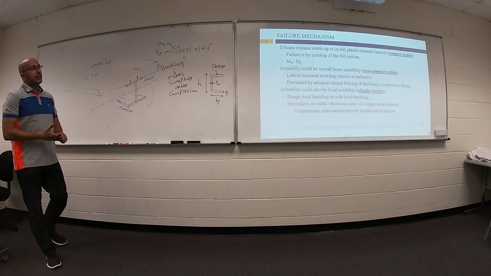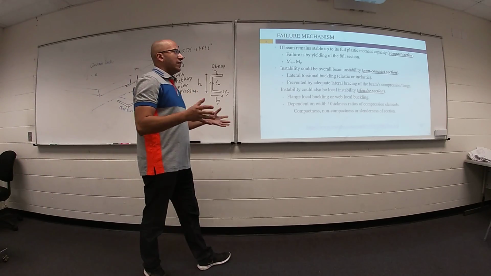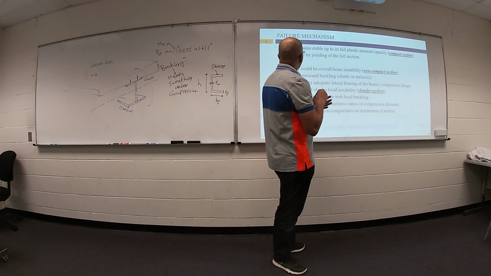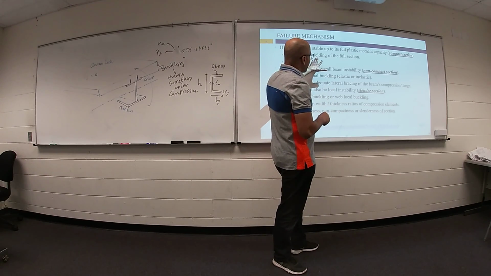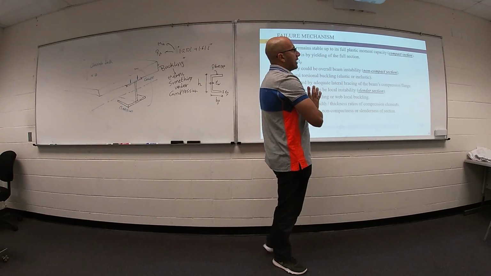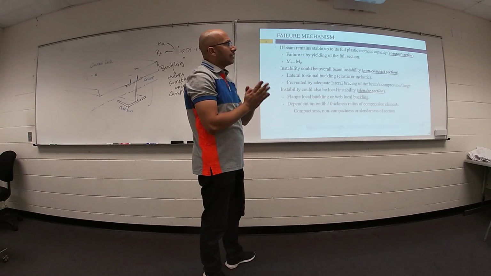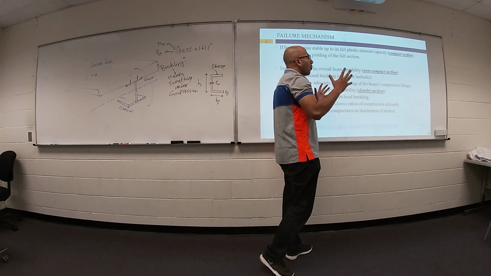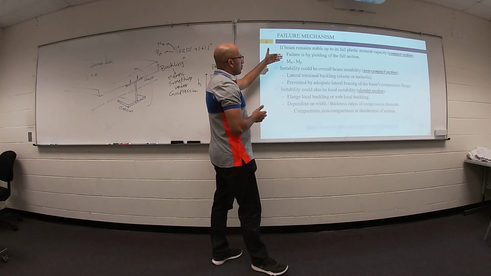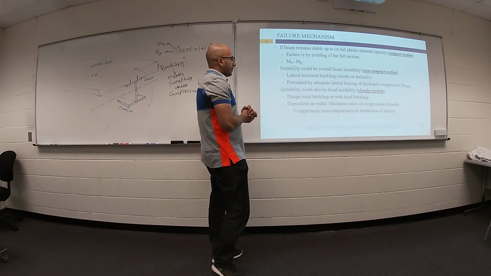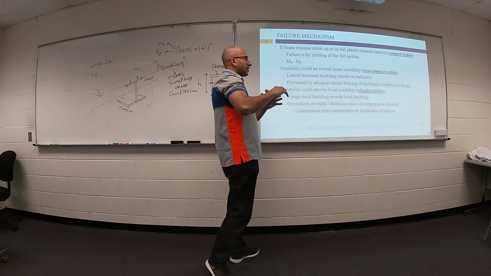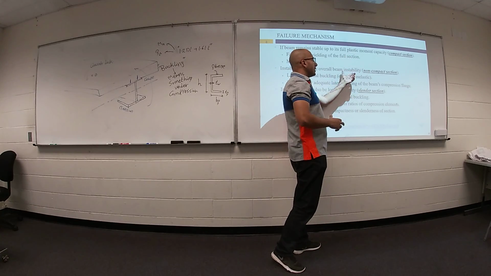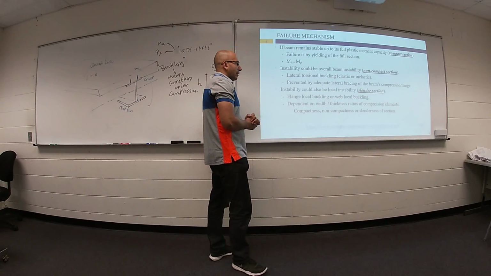So we have three modes of failure. The first one, the cross section will yield over the whole cross section. This is only for compact sections. You get the full capacity of your cross section, nothing wasted, and your nominal moment equals M plastic. Sometimes we have lateral torsional buckling, which is considered overall beam instability, for non-compact sections.